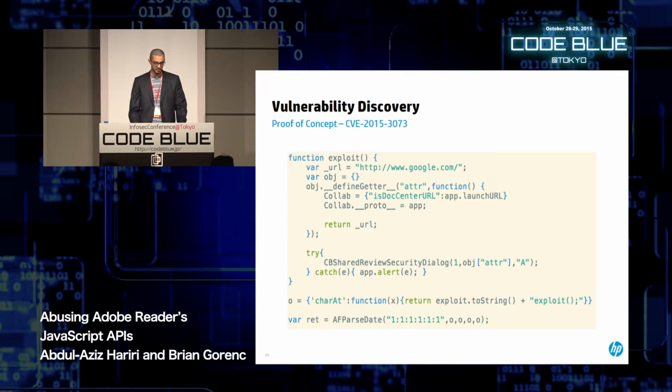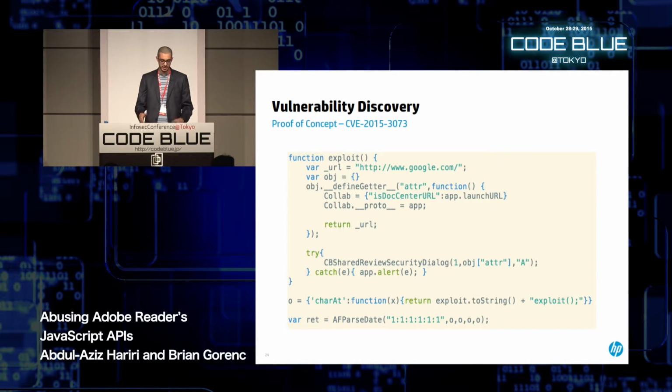Basically, we called AFParseDate, and AFParseDate will give us access to the eval. The eval will execute the exploit function, which contains the code that does the privilege escalation.